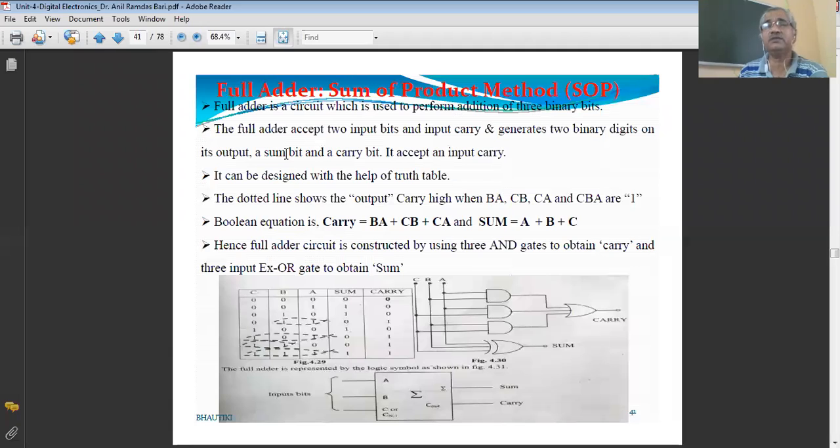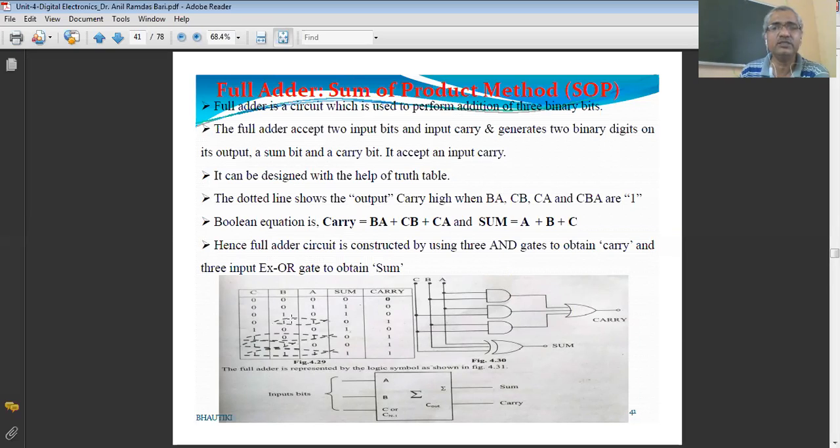The full adder circuit can also be constructed by another method, and that method is called the sum of product method. So if you look at this truth table, suppose this is A, B, C. A is equal to 0, B is equal to 0, C is equal to 0. So the output is 0 because the sum of A, B, C is 0.